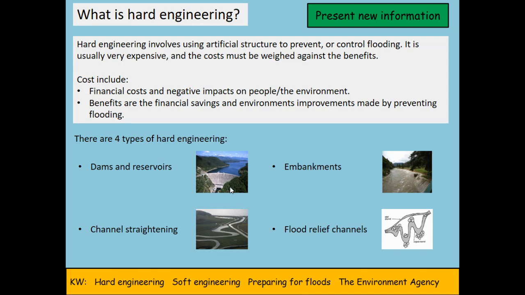So if you make the channel straighter, you've got less area that the river could flood. And flood relief channels, which is just an extra river here, which takes some of that flow of water. It almost acts like a diversion to allow that extra water from the rain or wherever to flow through to stop the main river from flooding.